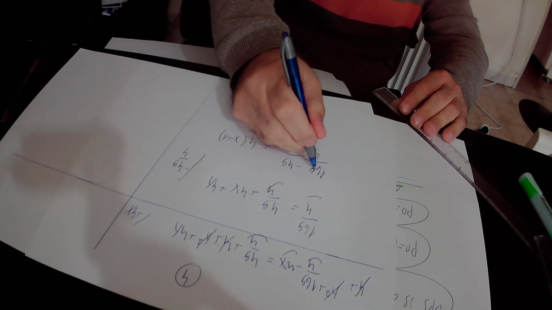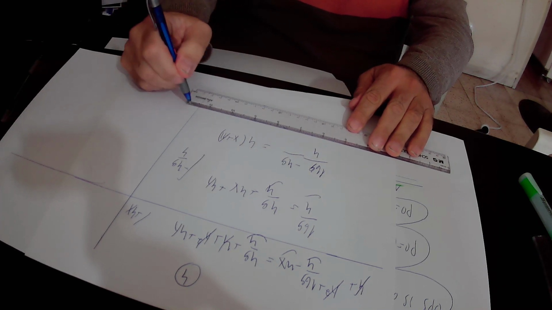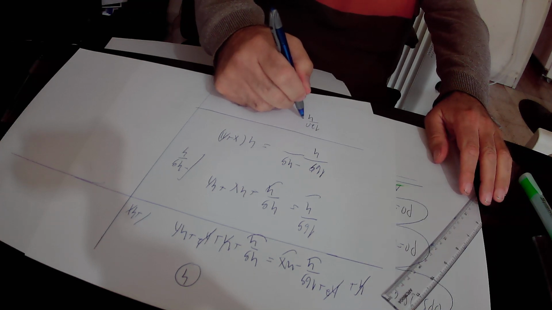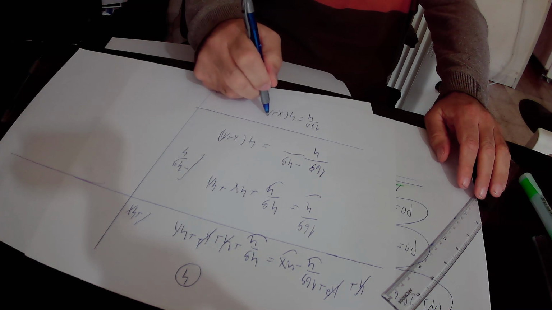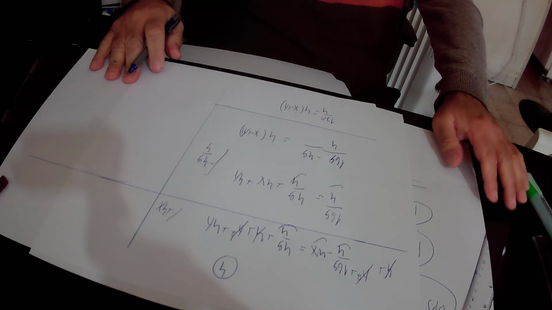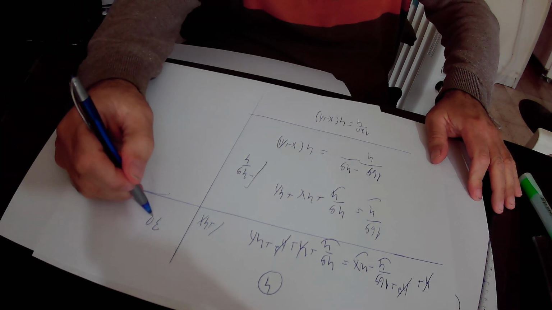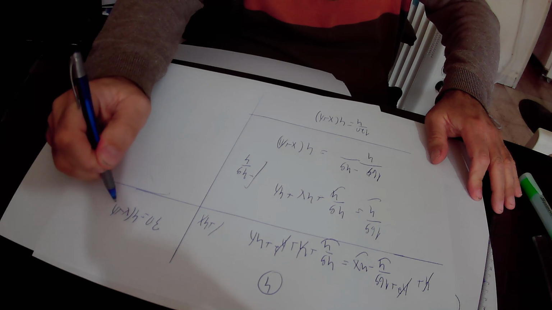169 over 4 minus 49 over 4, this is 120 over 4. So in conclusion, we found out that 120 over 4 equals 4 times x plus h. 120 over 4 is 30, so 30 equals 4 times x plus h.